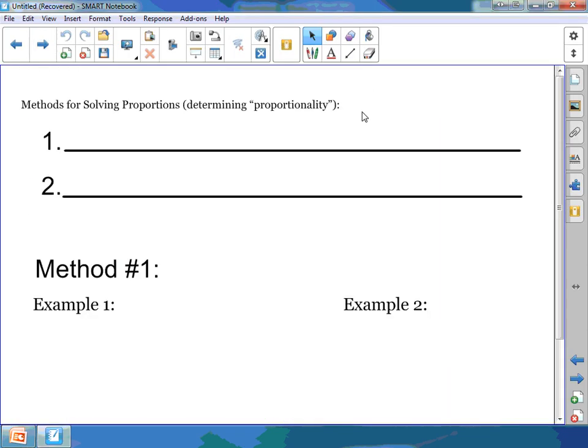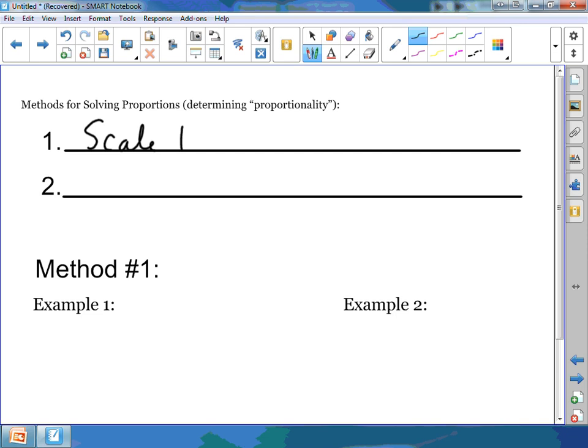So scale factor. Now, those of you that said, like on the bell ringer, that you just took 3 times 4 and then 750 times 4, you used this concept of scale factor. You figured out how many times the one number goes into the other.